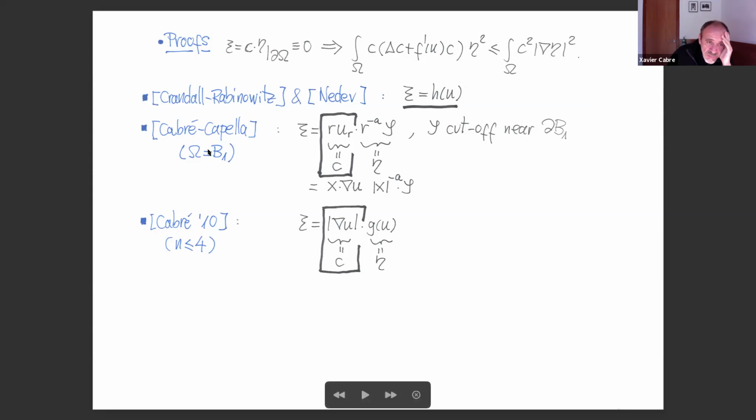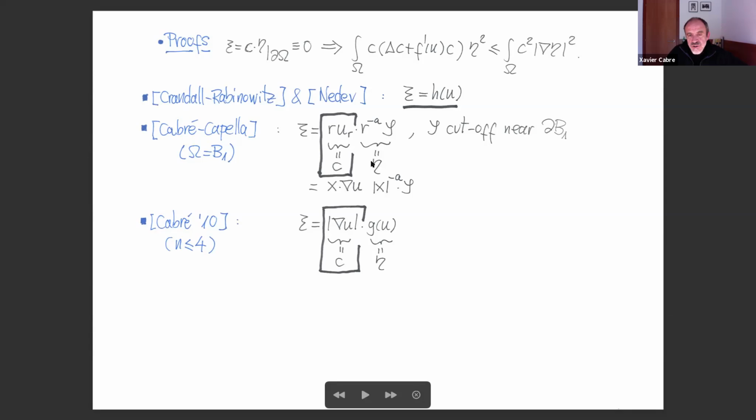So in the radial paper with Capella, what we took is this decomposition, xi equals C times eta, and we took xi to be UR or RUR. You can take RUR or UR, doesn't matter. UR is the radial derivative of the radial solution U, which is the same as X grad U, say, in the radial case.